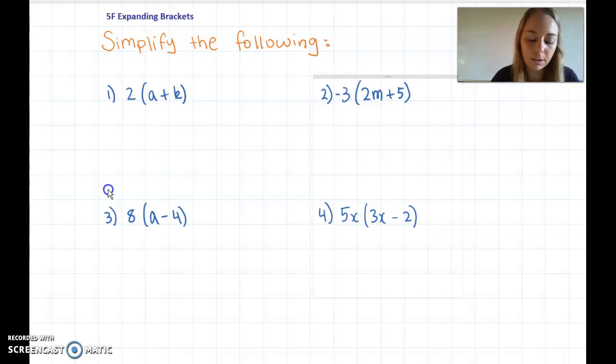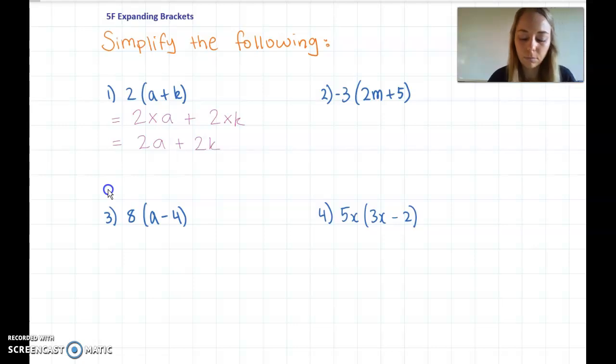We have question 1 says 2 outside of, in brackets, a plus k. This is how I would solve that. Do you think you can figure out what I did?